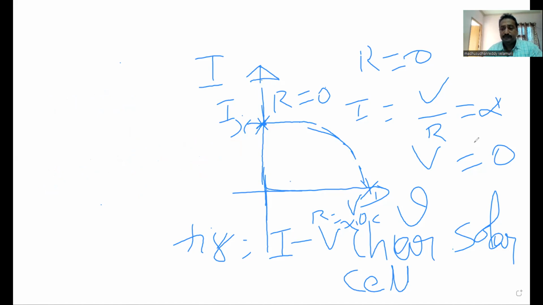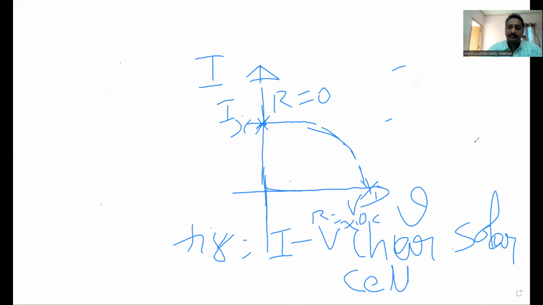Okay, see here. There are 2 points to obtain. What are the 2 points? Number 1 is short circuit current. Number 2 is open circuit voltage. And we'll come back here. You obtain another curve called the power curve. When we have a power curve, let me take one maximum point.